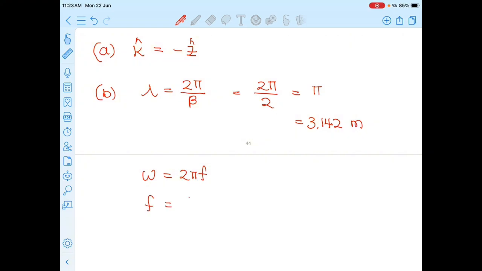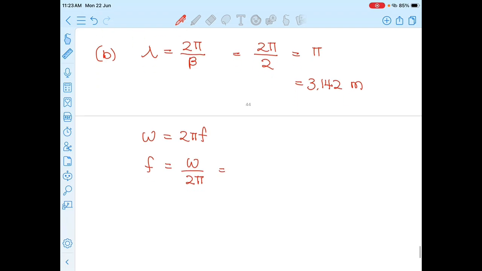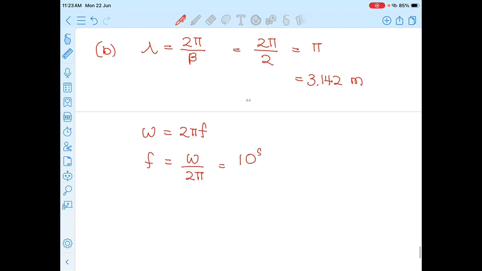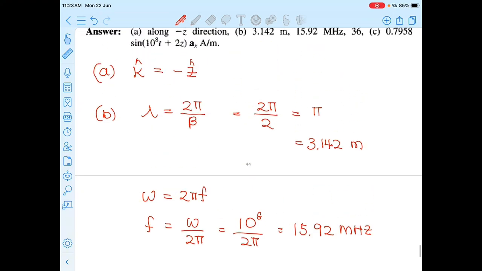So f is equal to omega over 2 pi. Your omega is 10 to the power 8, over 2 pi. You can calculate that it is equal to 15.92 megahertz. So this is the frequency.